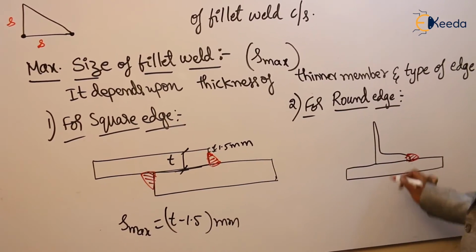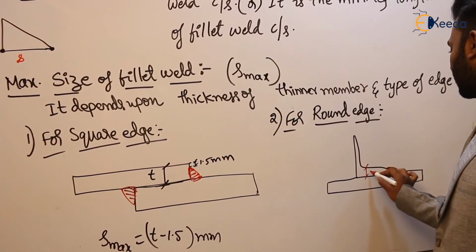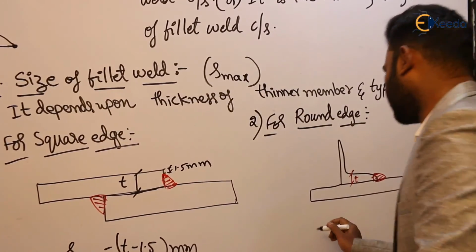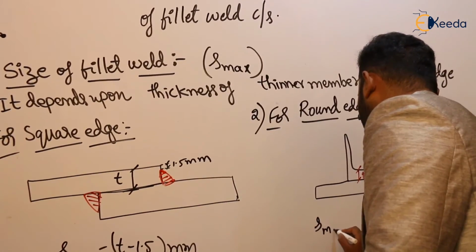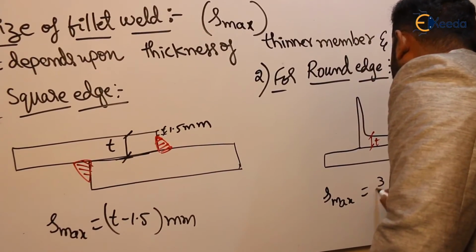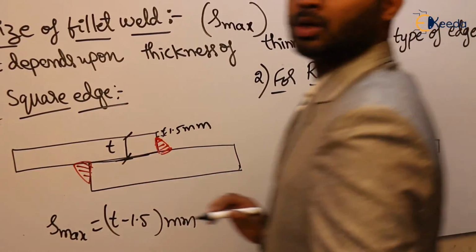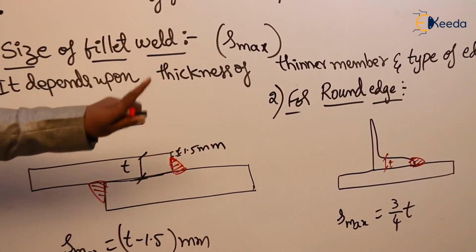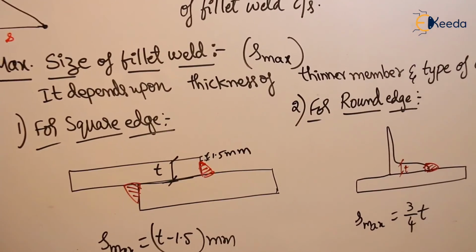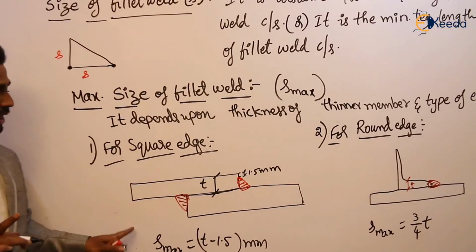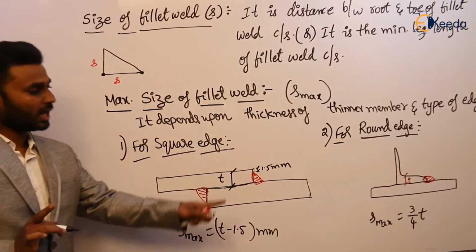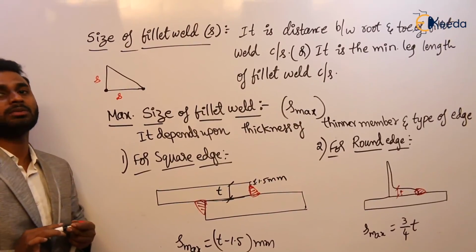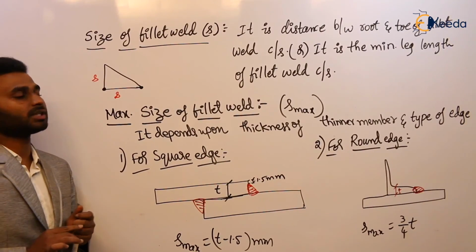Here this angle will have the thickness of T. Now S max in this case is 3/4 of T. As I said, S max depends upon the type of connecting edge and the thickness of the thinner member. For square edge it is T minus 1.5, and for round edge it is 3/4 of the thickness. So these are the provisions regarding the maximum size of the fillet weld.